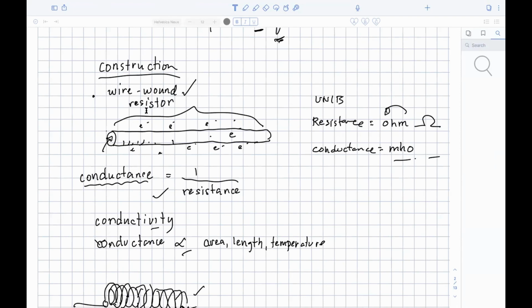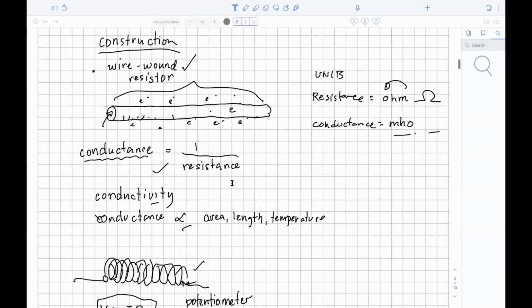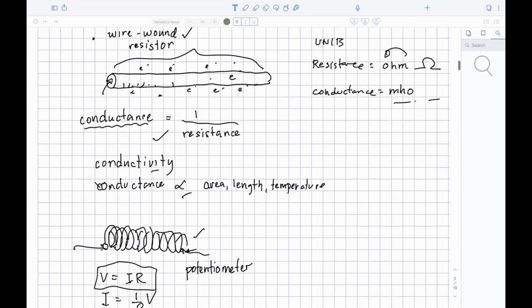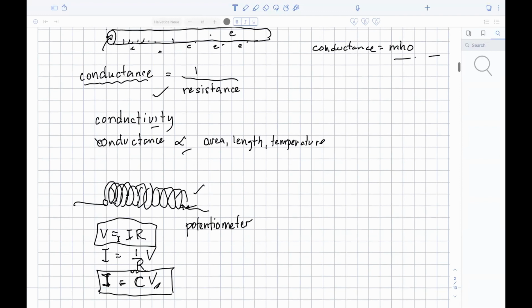We can make it compact if we wind it into a coil, making sure it is first lacquered, meaning it is given a layer of non-conducting film like acrylic, so that when the wires touch, they won't conduct before being wound into a coil. So you make it more compact. The longer it is, the more resistance you have.